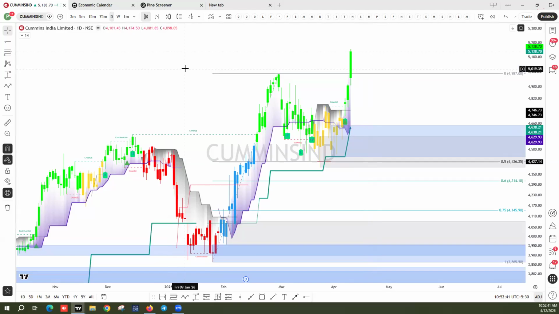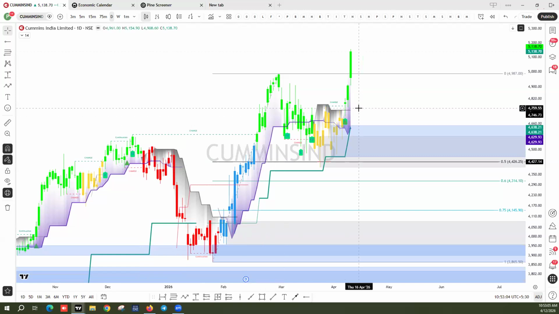You cannot sell short cash stocks positionally. But even when I want to sell options, or even if I'm taking trades in Nifty and I want to sell short, what I want is price should be below the red color bias band, and this green bias band should be absent. That gives me higher probability that it may work in my favor.